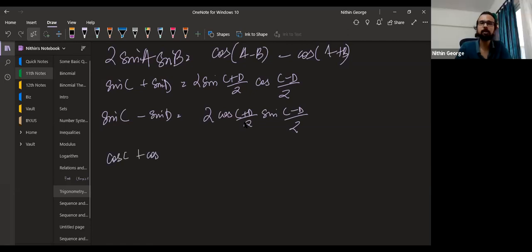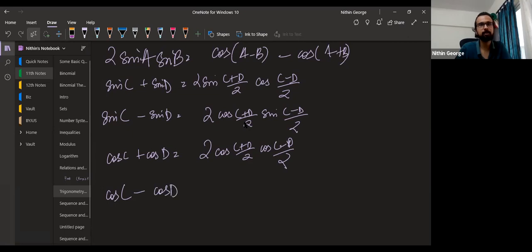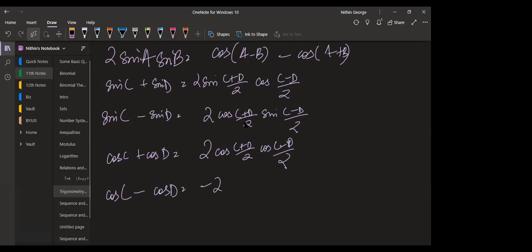Cos C plus cos D? 2 cos (C plus D by 2) cos (C minus D by 2). Cos C minus cos D? Minus 2 sin (C plus D by 2) sin (C minus D by 2). Yes, right? Guys, remember this.